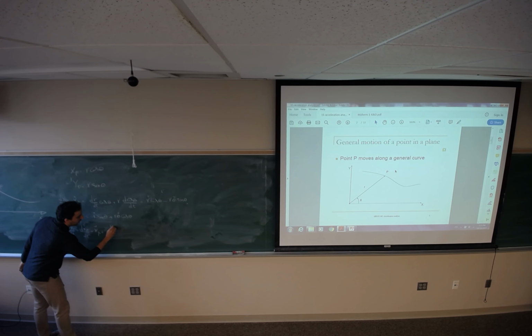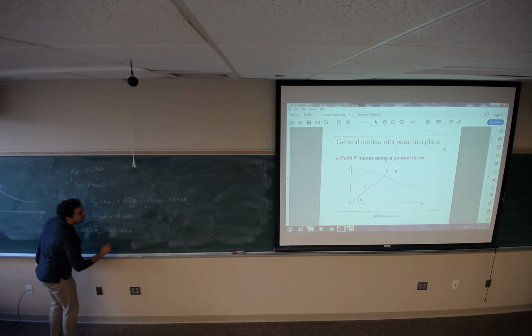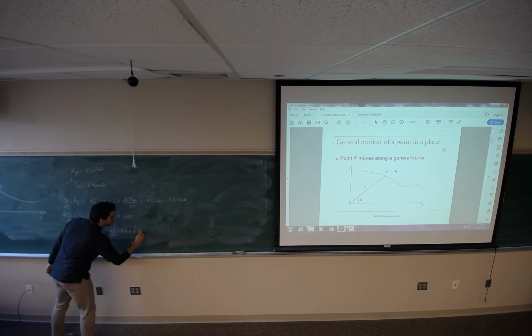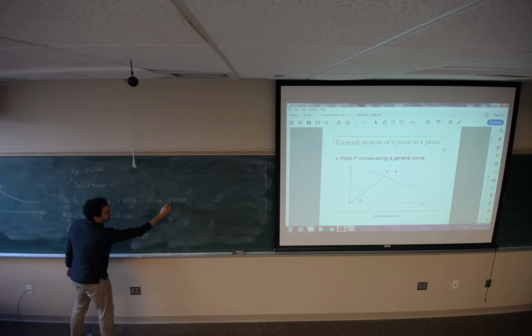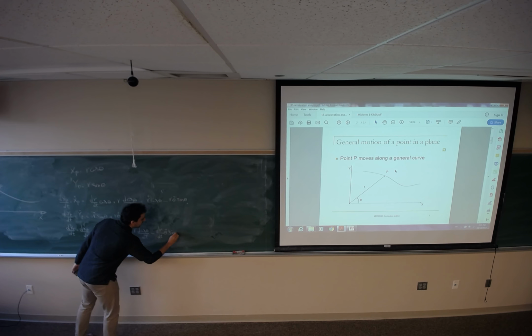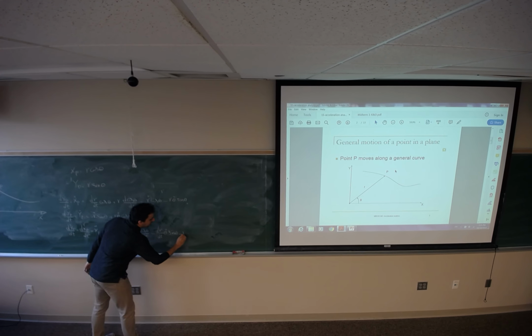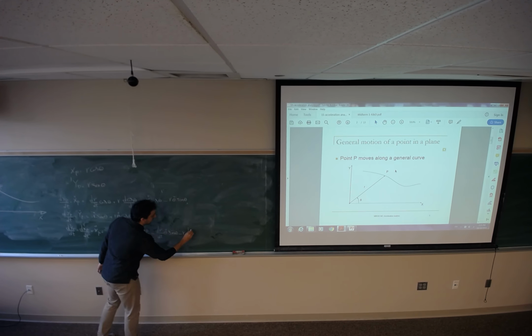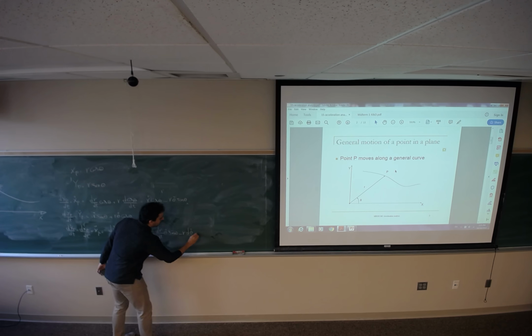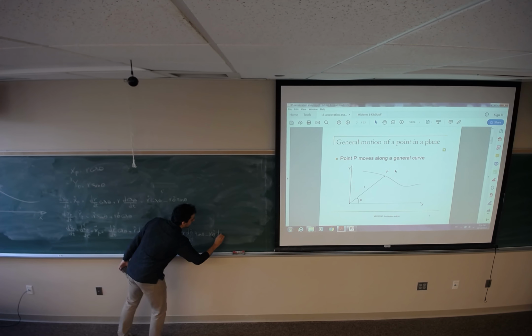Derivative of r dot with respect to time, cosine of theta, plus r dot derivative of cosine of theta with respect to time, minus derivative of r with respect to time, theta dot sine of theta, minus r derivative of second term with respect to time, and lastly r theta dot derivative of sine of theta with respect to time.